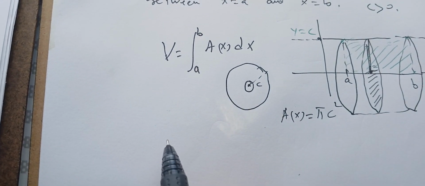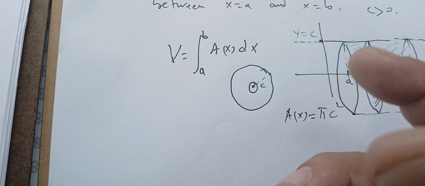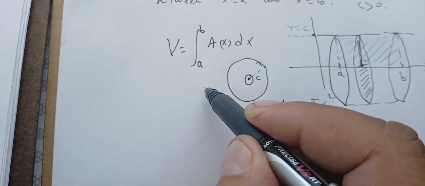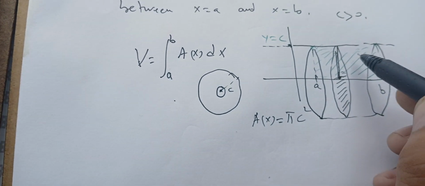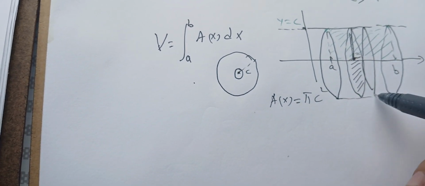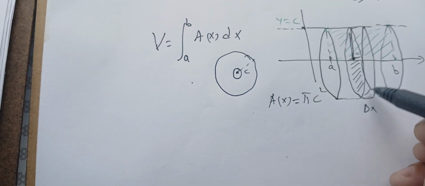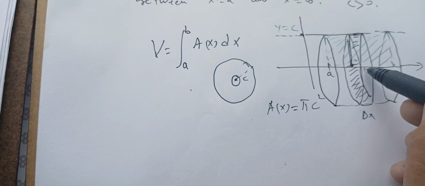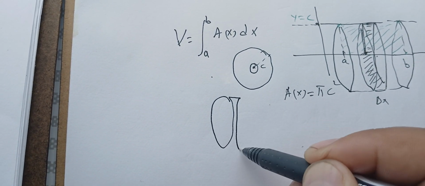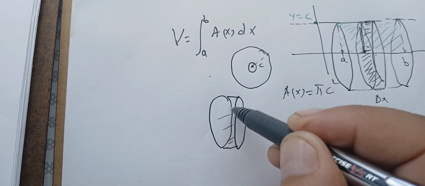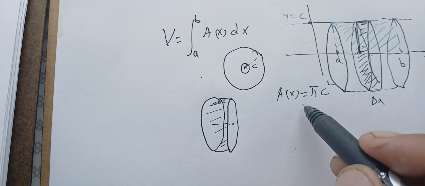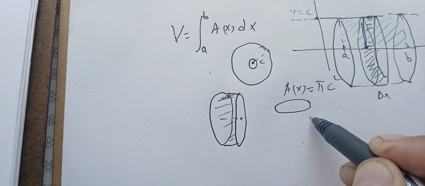If we want to find the small volume, this is our delta x. So it's going to be some small cake, a cylinder cake. Or we can look at this one from the side view. We're going to see that we have it like this.